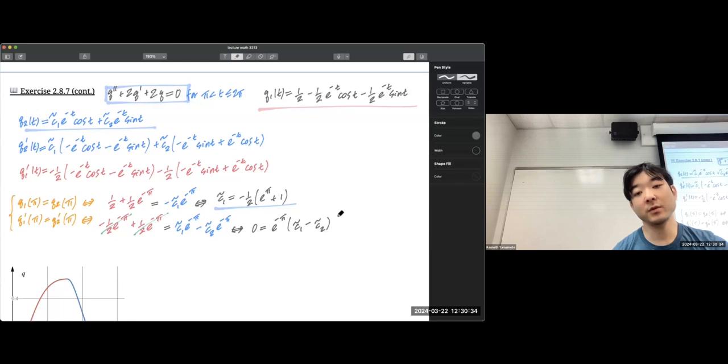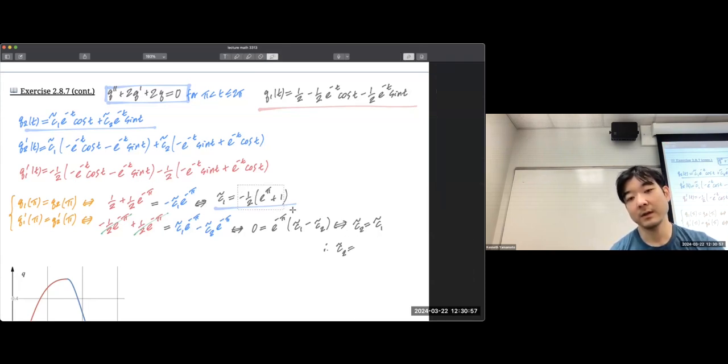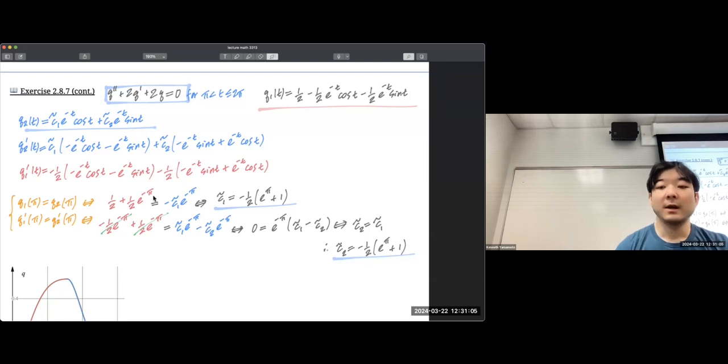So if this has to be true, there's only one way this will happen: C2 tilde and C1 tilde must be equal to each other for this to equal 0, which means that our C2 tilde is exactly the same as what we had for C1 tilde, this -1/2 e to the pi plus 1. These are equal to each other. So we have our C2 tilde.